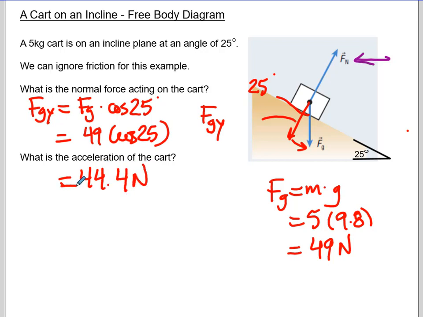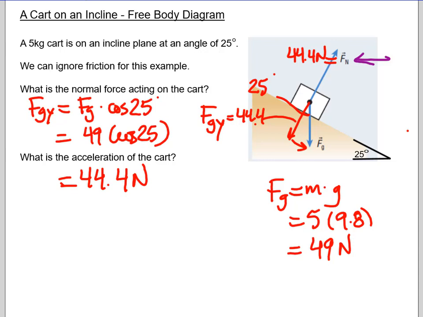Okay, so the normal force here, if this is 44.4 newtons, if this object is not jumping off of the ramp, then the normal force would also have to be 44.4 newtons.